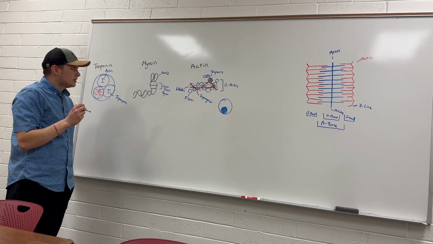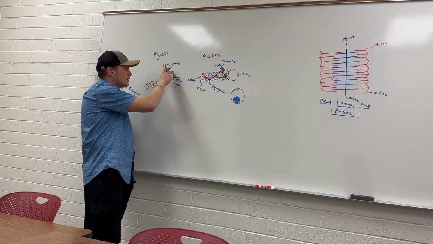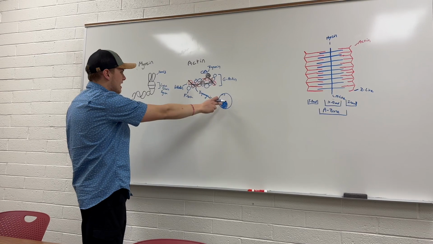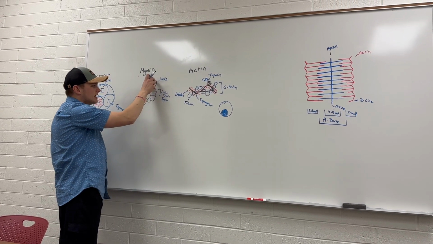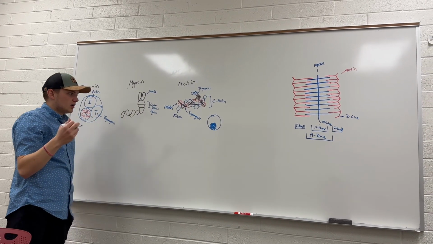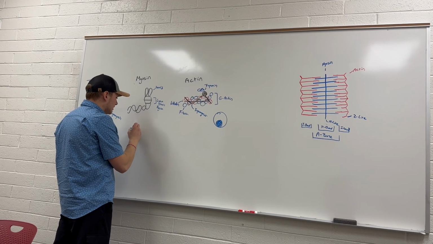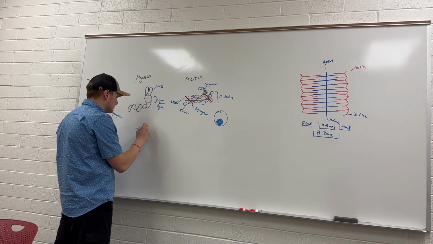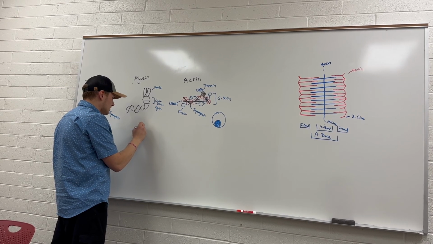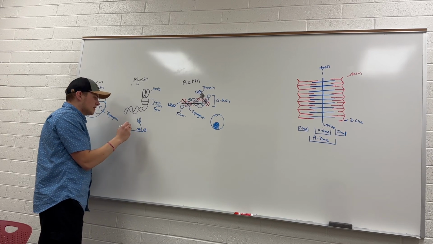And when it's actually binding to actin right here, these heads are the part that bind. But this molecule in specific undergoes a conformational change as well. When it's getting ready to bind, it looks like this. ADP is bound and phosphorus is bound. And then we have our heads right here.